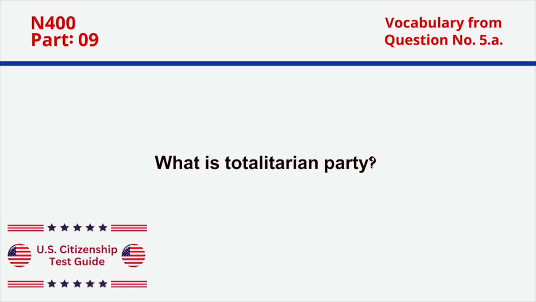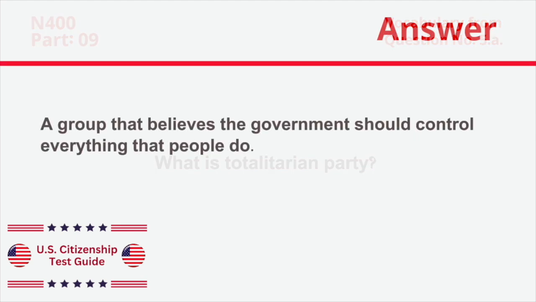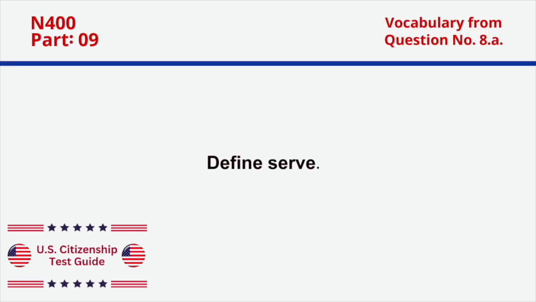What is totalitarian party? A group that believes the government should control everything that people do. Define serve.